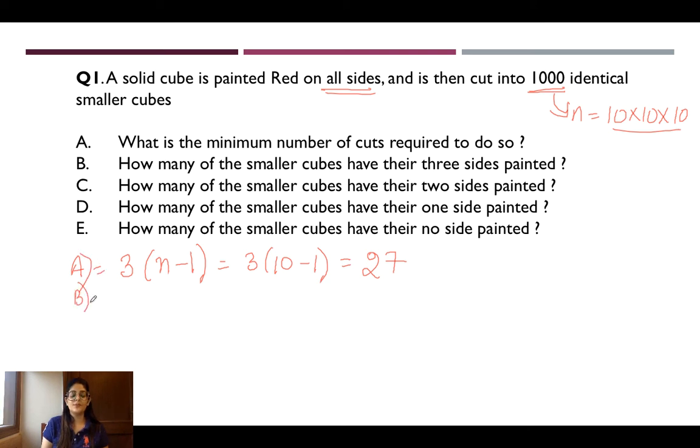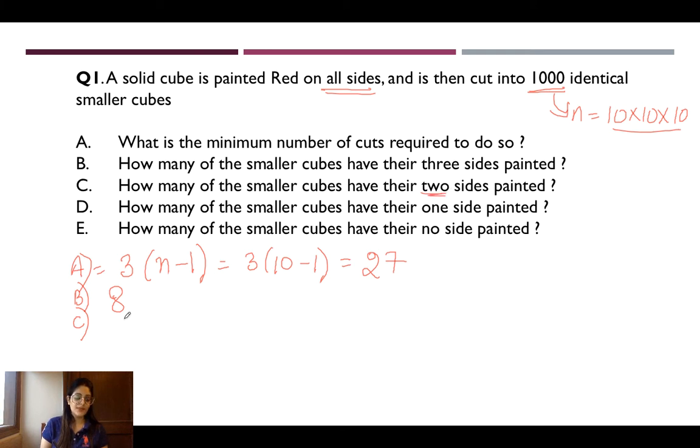Then for option B, how many of the smaller cubes have all the 3 sides painted? So 3 sides painted, as I always told you earlier, means corner cube, and the corner cube never changes no matter what the dimension. So the corner cubes are always going to be 8 only. Okay. Then third part is how many of the smaller cubes have 2 sides painted.